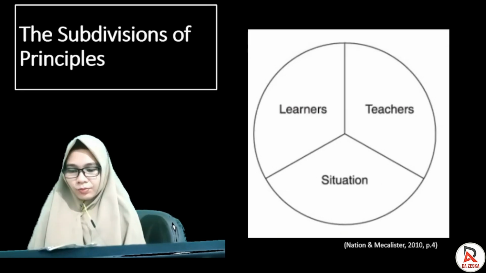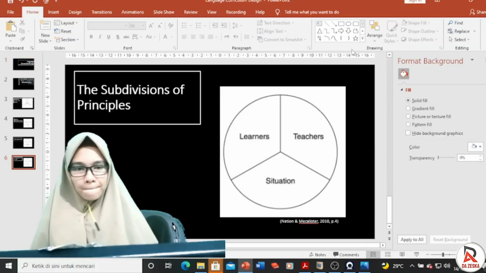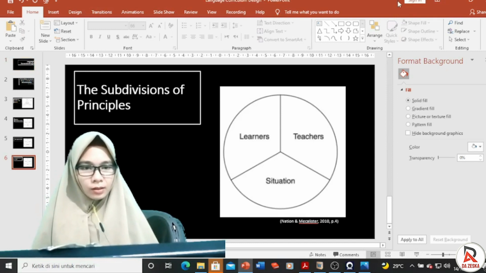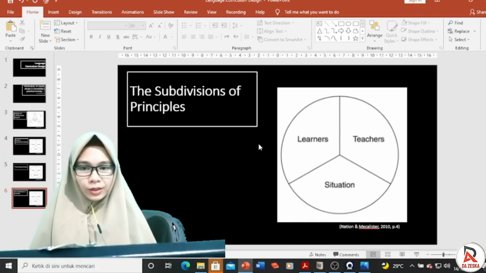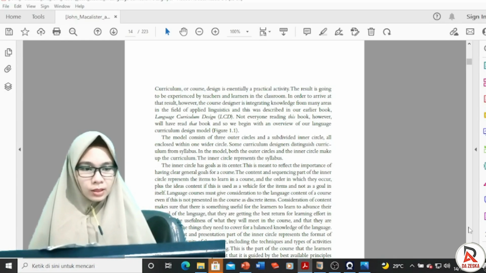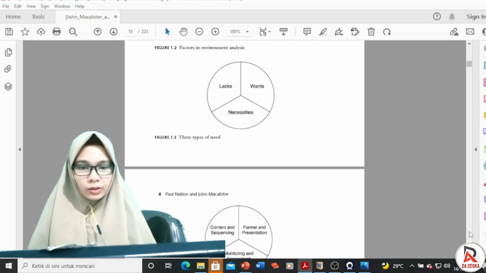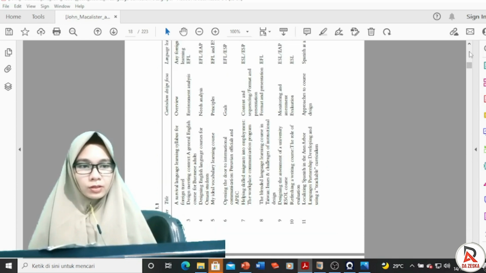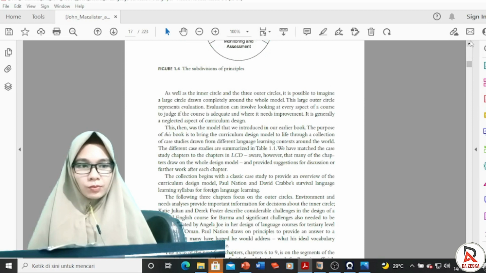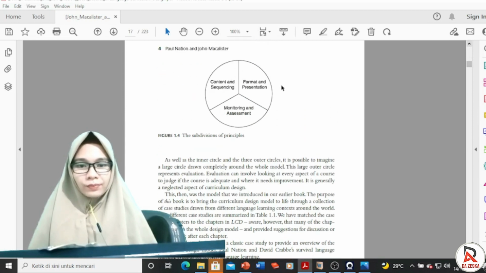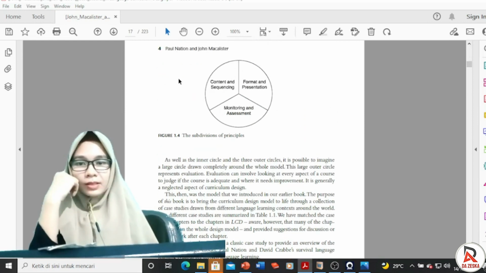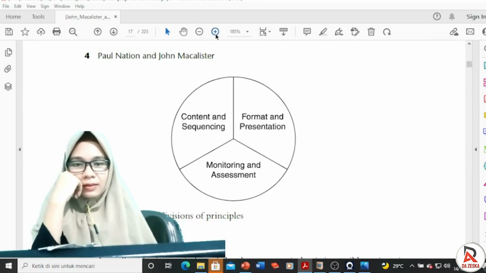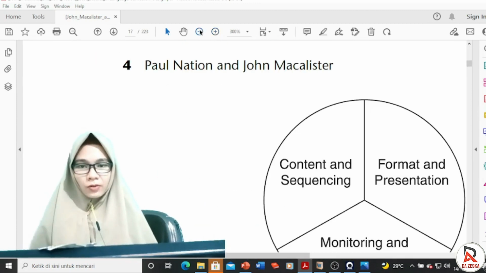I think, Miss, there's something wrong with the subdivisions of principle. Let me check. So where's the book? This is actually the book that I'm trying to explain to you right now. So for the subdivision of principles, over here, this one is the correct one.